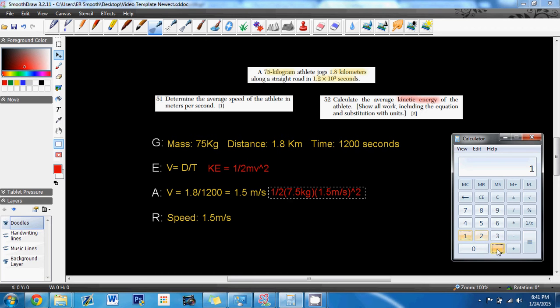We get 1.5 times 1.5, that equals 2.25, times the mass, which is 7.5, we get 16.875 divided by 2, we get 8.4375.